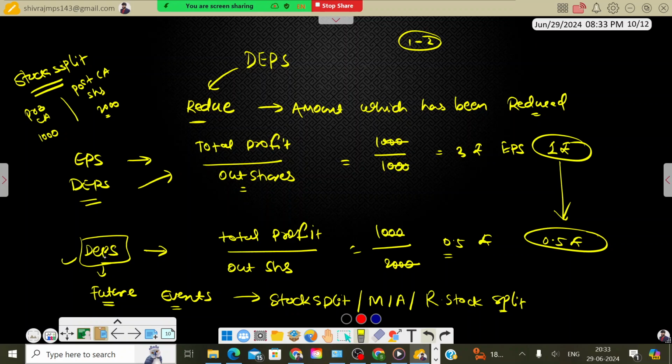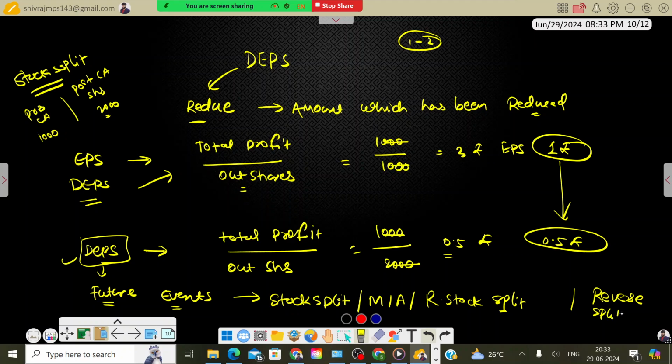But as I said, in an anti-dilution term, your DPS will reverse. It means it will be higher than the earning per share. And now your question would be, sir, how is it possible? Yes, it is possible in the case of a reverse split event, basically.